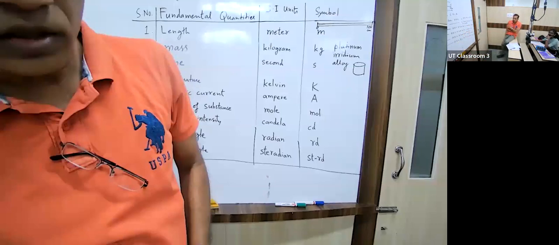Done? Okay. So any questions here? Now we are going to learn about different types of motions: uniform and non-uniform motion. Right now, uniform motion.